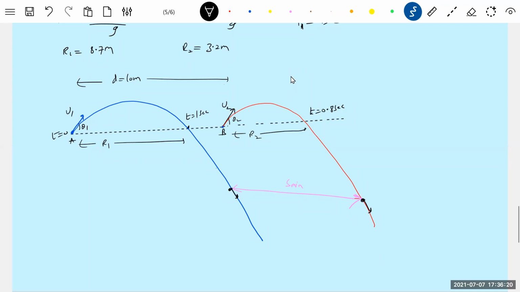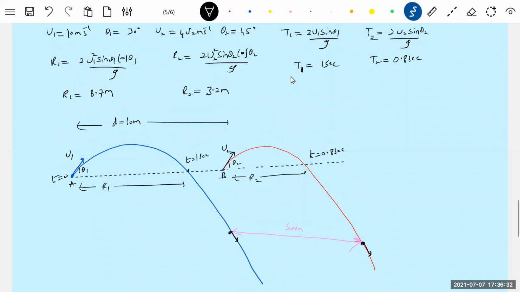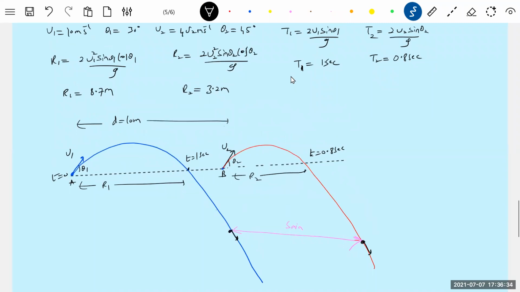This is the minimum separation. Just imagine, we don't know the relative velocity. Can we really find this S minimum? Very difficult, no? Even as a teacher, it is very difficult for me to analyze where that minimum separation occurs. But the diagram is helping us now.